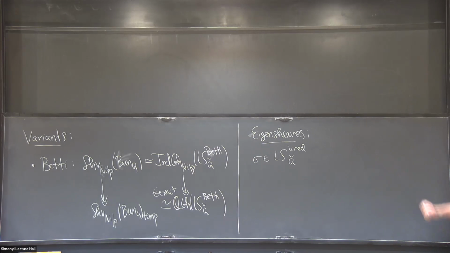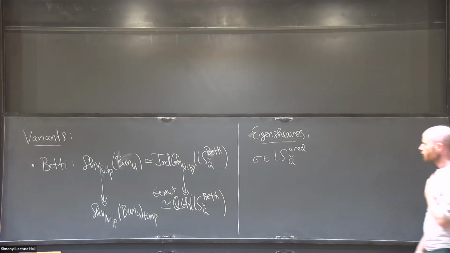So take sigma to be an irreducible G-check local system, meaning it doesn't admit any reduction to a proper parabolic.